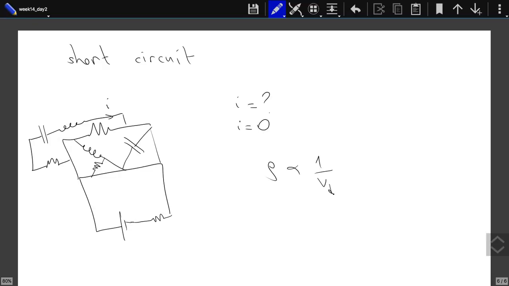Well, sorry, for the superconductor, this description already breaks down anyway. The resistivity is just zero, independent of the drift velocity. You cannot say the drift velocity is infinite. But let's just stick with this classical picture.